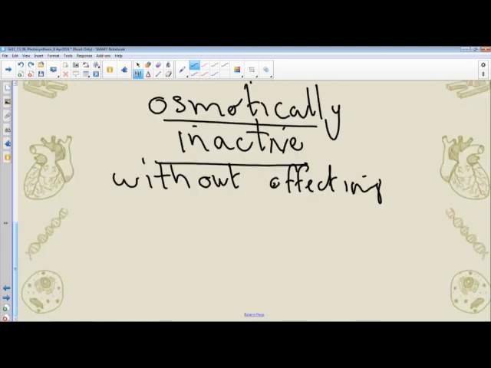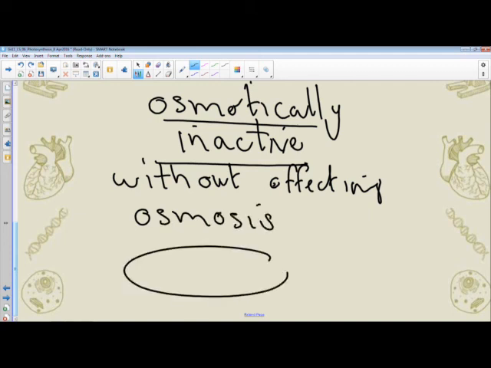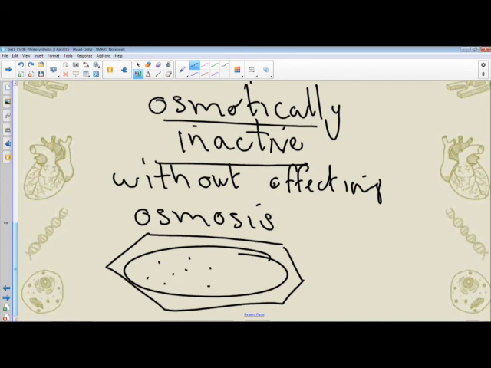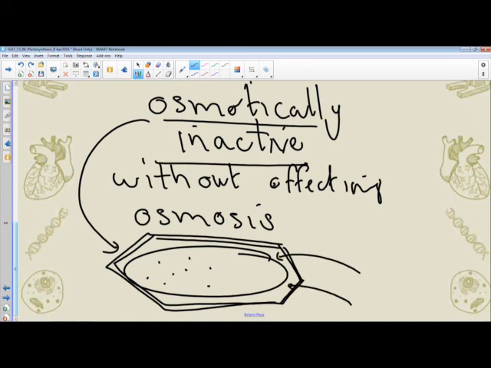So it does not affect osmosis, and hence the vacuole can maintain its shape and give the plant cell support based on the fact that the starch granules are stored, they are osmotically inactive, and hence do not affect the movement or the entry of substances into the cell, and hence the plant can still absorb water and nutrients without it being affected by the solute potential or the solute content of starch.